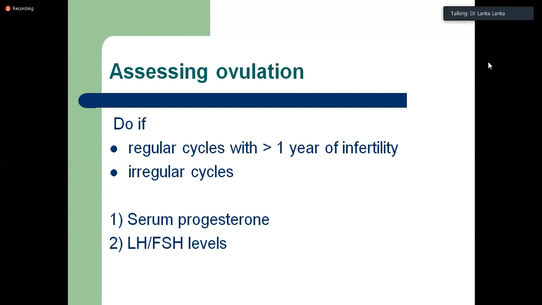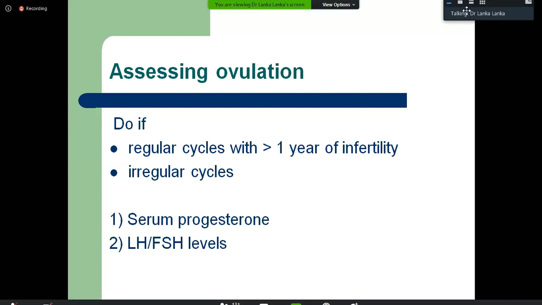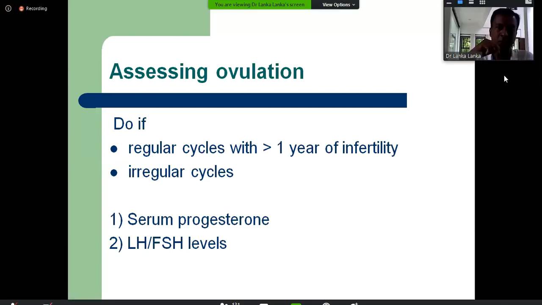There are two lines appearing. If there is a green mark appearing at the tip, that means the urinary concentration of LH is high. That is after the surge of LH, so that will also indicate ovulation.